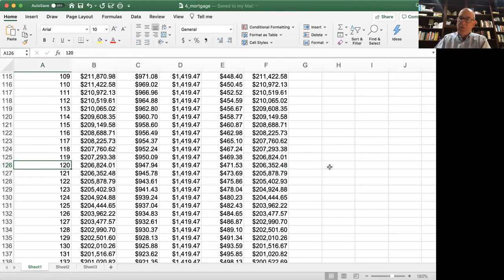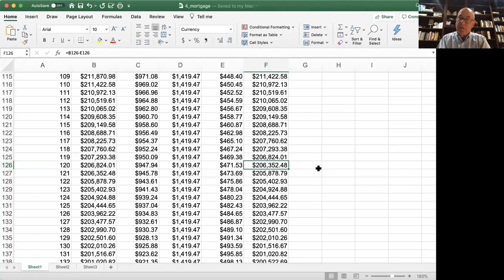This is a 30-year loan, so we've paid on this for one third of the loan period, or 10 years. We want to know how much we owe. Well, in fact, we owe $206,352.48.